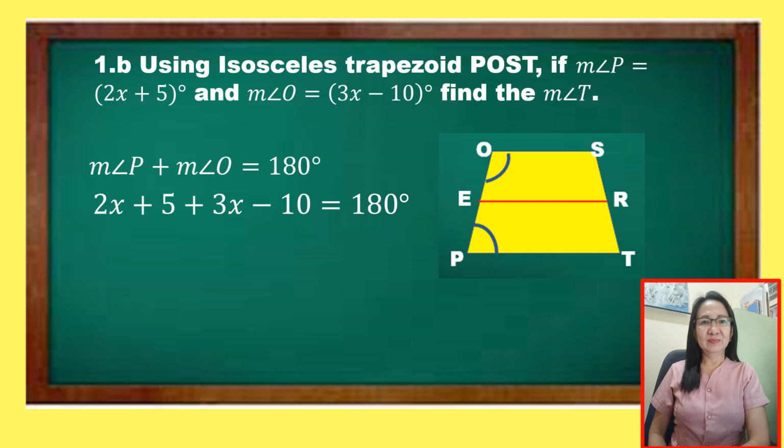So the sum is equal to 180 degrees. Combining similar terms, the equation can be simplified into 5x minus 5 is equal to 180 degrees. By addition property of equality, this is simplified to 5x is equal to 185. And by dividing both sides by 5, the value of x is 37.